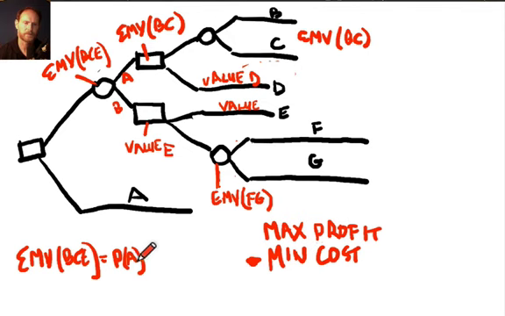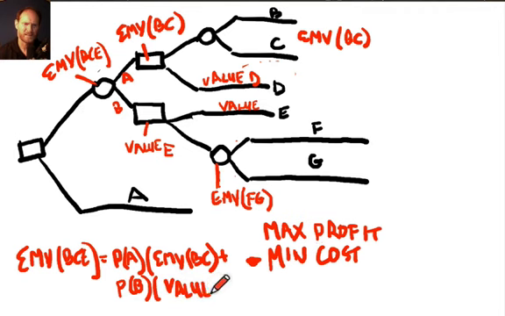So A is a probability, so it would be A times EMV BC plus the same down here. So B, which is a probability, times value E. And that would give us this value here.